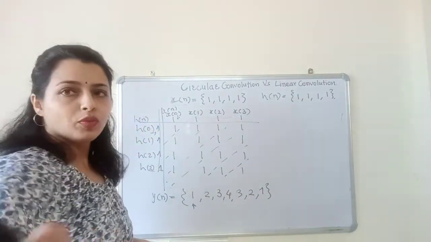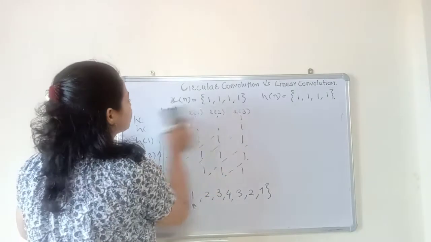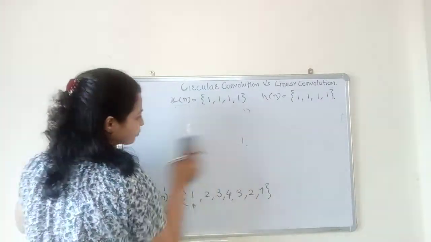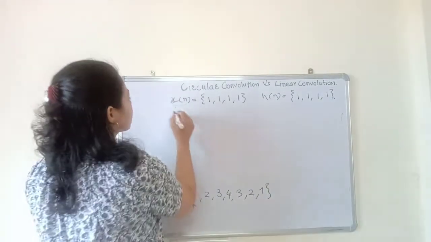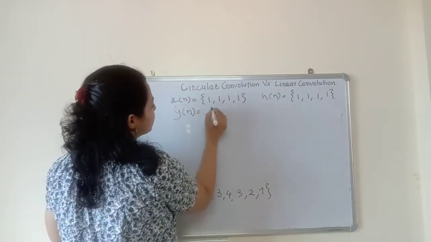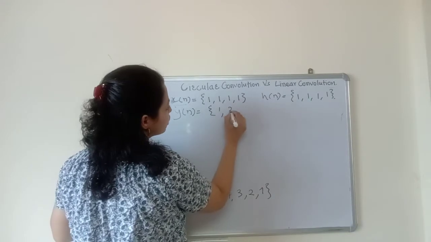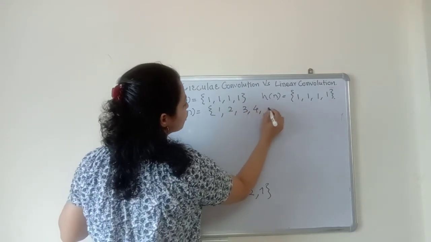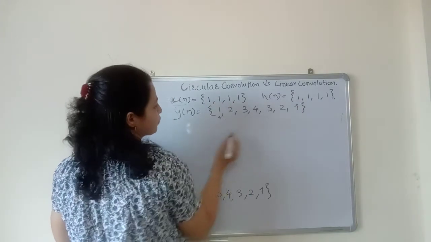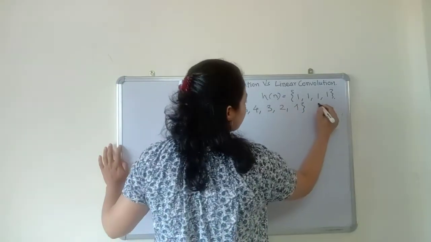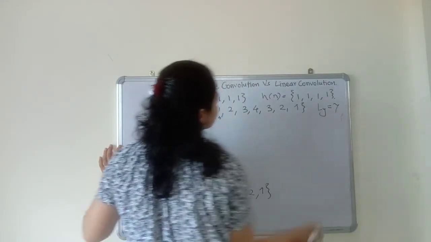The output we'll write in this corner for reference. y of n is equal to 1, 2, 3, 4, 3, 2 and 1. So this is of length Ly equal to 7.